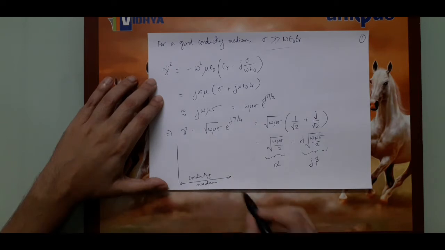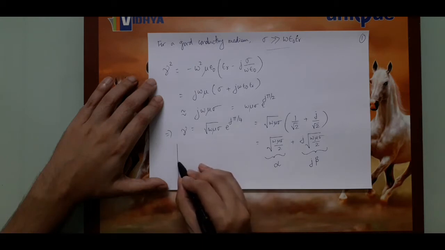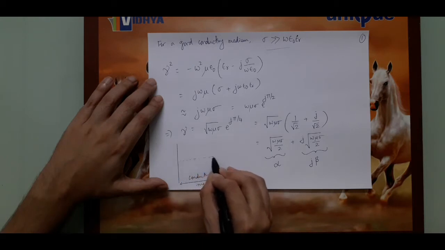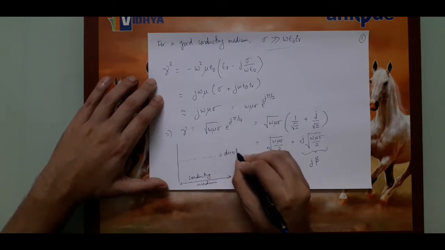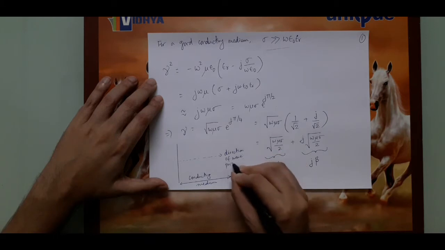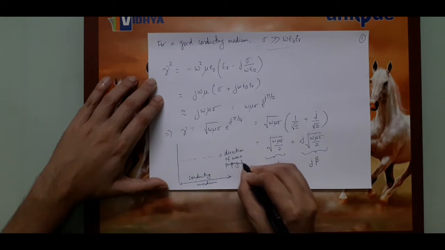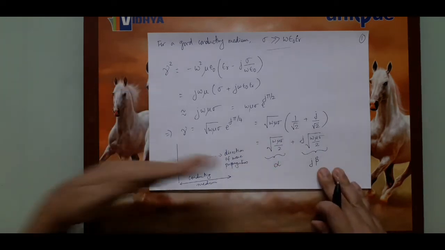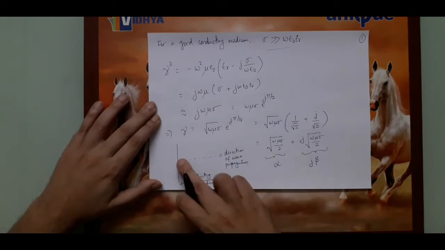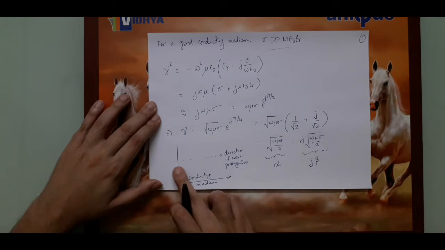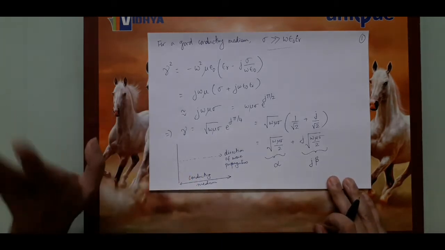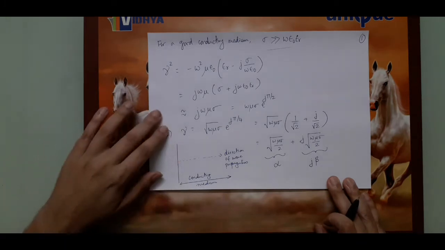Let us say that the wave starts propagating inside the conductor in this direction. The wave is essentially propagating starting from the boundary directly into the conductor, and the direction is normal to the conductor boundary. Let us not worry about how the wave got there, but let us say that this is what it is.